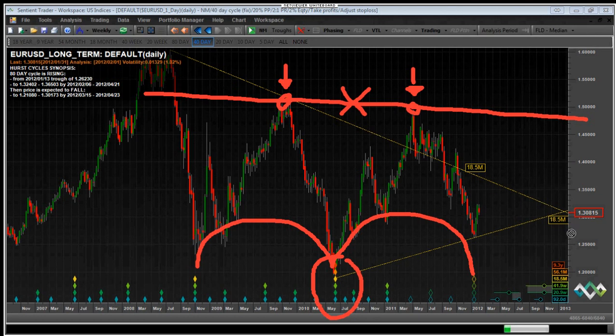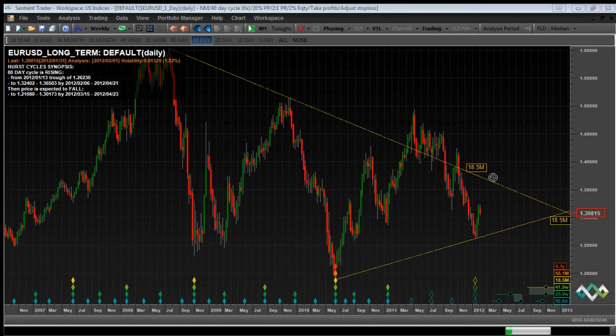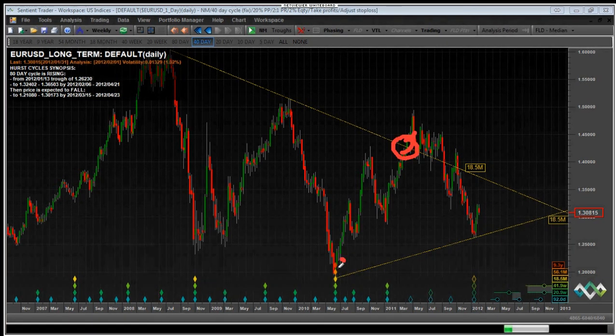Why does Sentient Trader draw another line? Well, because when it cannot draw a recent valid trend line, it draws an old one, what Sentient Trader refers to occasionally in the commentaries as an expired VTL. It is expired because, as you can see, price crossed it over here. When price crossed that VTL, that provided confirmation that this trough was of at least 18-month magnitude.